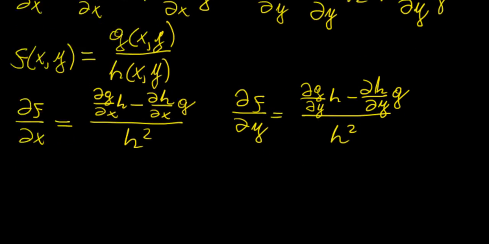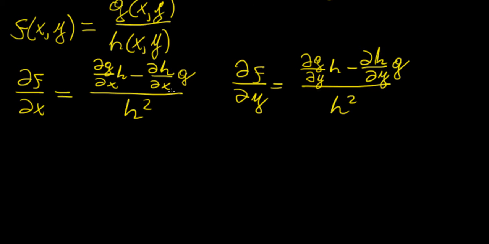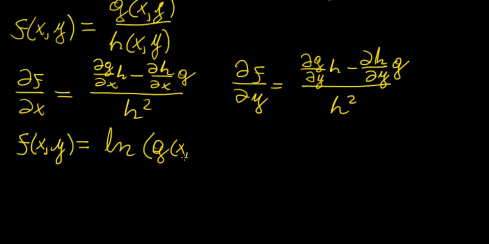And the last rule that I would like to explore here is logarithmic differentiation. So if we have a function f of x and y, then we're going to have the natural log of some function g of x and y. As you may imagine, if we take the derivative with respect to x, remember the derivative of a logarithmic function is the derivative of the function inside over the function itself.